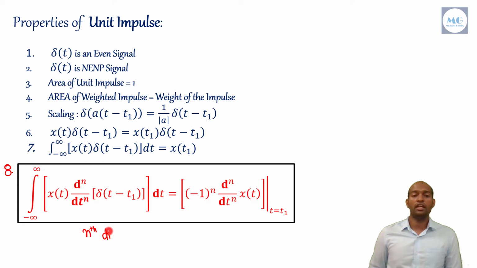So if any mathematical equation is like this, then the result will be minus 1 to the power n, where this n comes from the nth differentiation, times the nth differentiation of x(t), and at last we have to put t equal to t1.